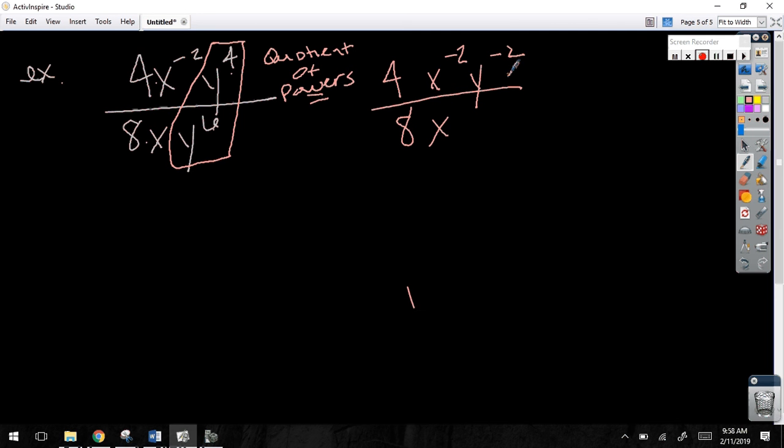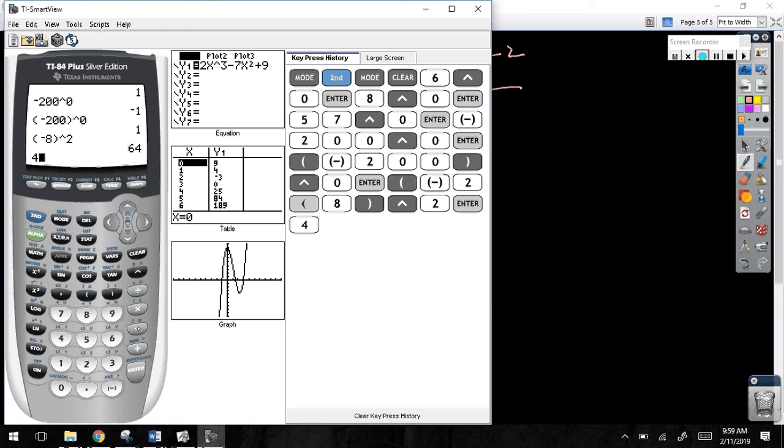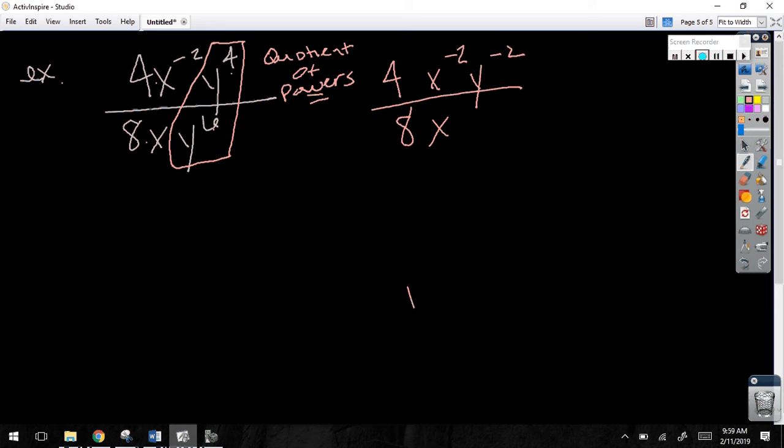I subtracted 4 minus 6 is negative 2. Every time you subtract, it stays in the top, even if it's negative. Yep, look. 4 minus 6. Top minus bottom every time. Yep. All right.